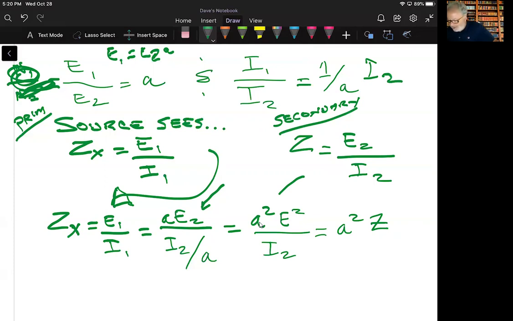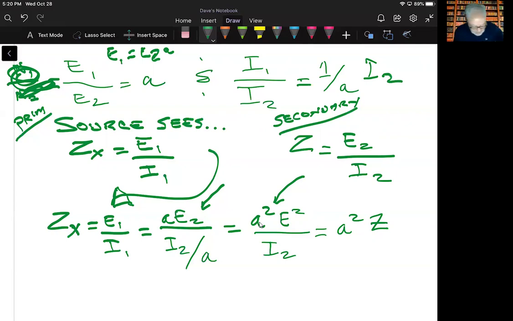Now, if I already know E2 divided by I2 is going to give me impedance, I can rewrite that whole thing as this. Okay. Now, this is equation 9.8 derived. And I'd like for you to understand that process of how we got here.